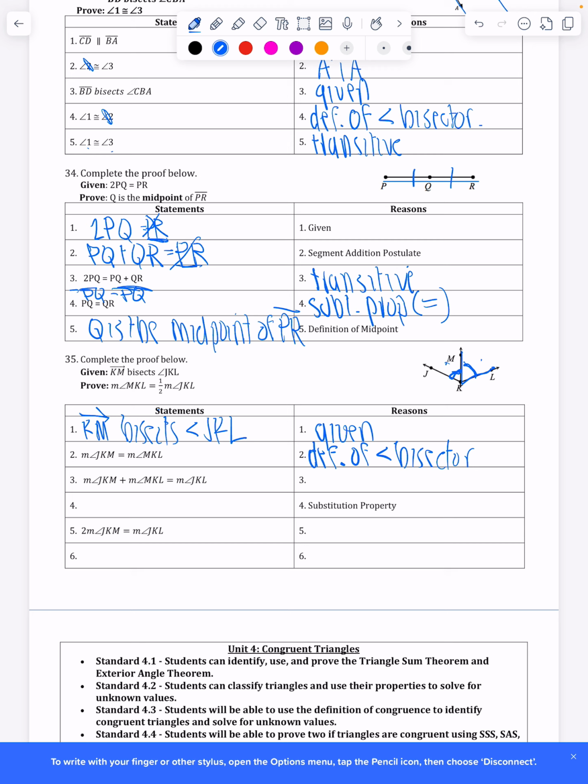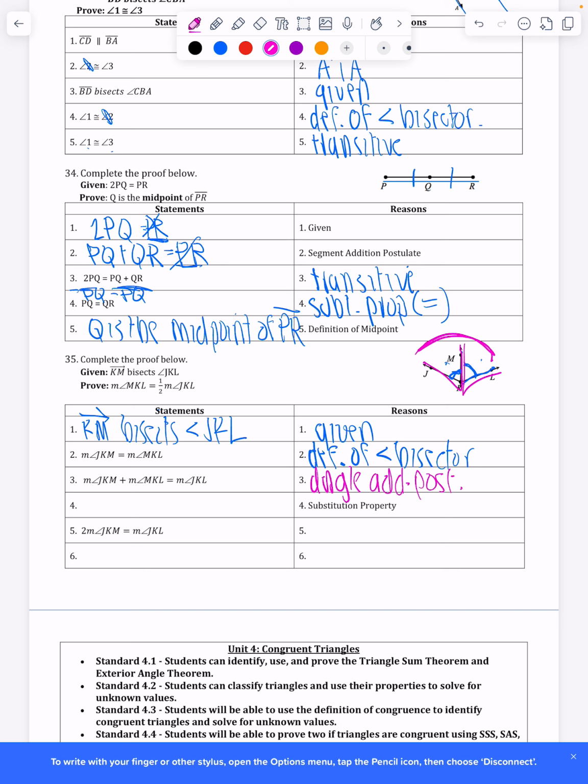Okay, next up it says angle, here let me switch to pink, angle JKM plus MKL equals the whole angle JKL. All right, that's angle addition postulate. Okay, so then it says substitution.